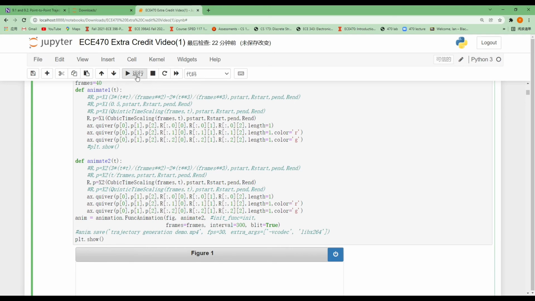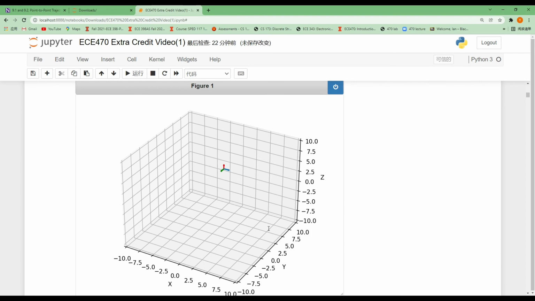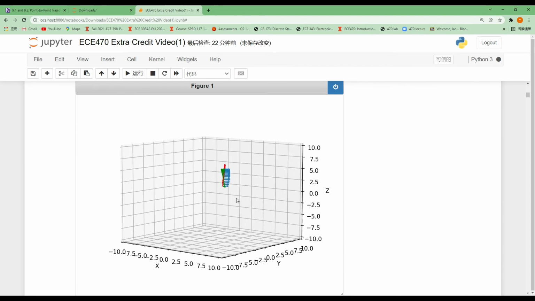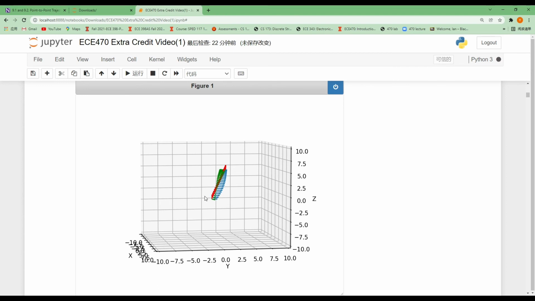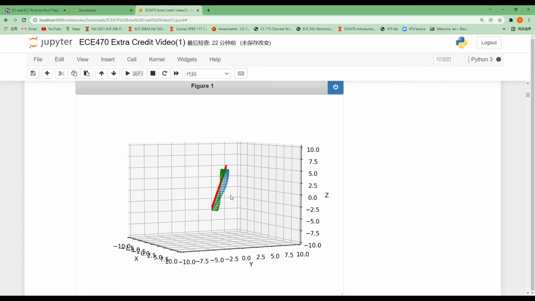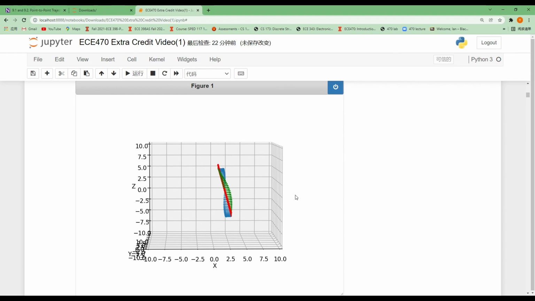And here is animation 2. And we can see it applies to animation 2.